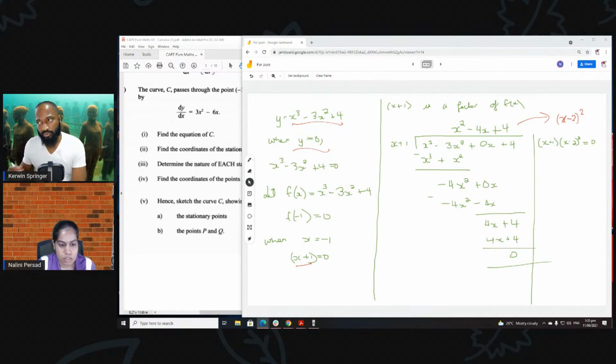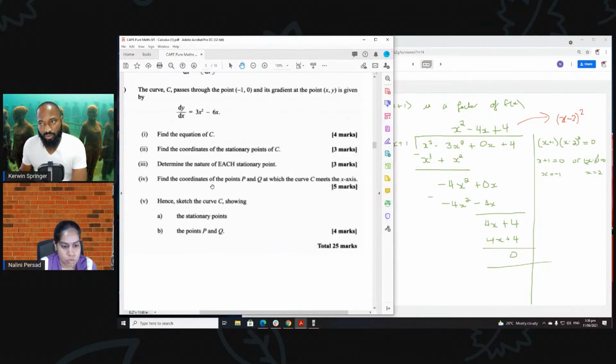So from this it is either x plus 1 equals 0 or x minus 2 all squared equals 0. So from here you get x is equal to minus 1 or x is equal to 2.